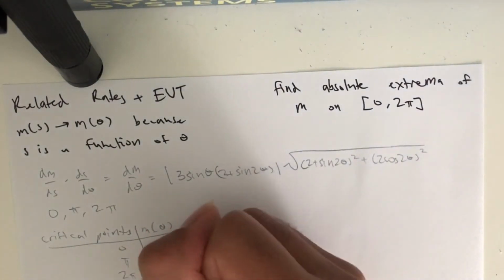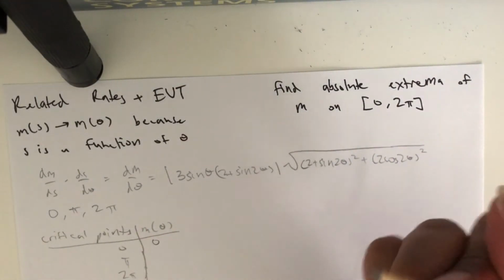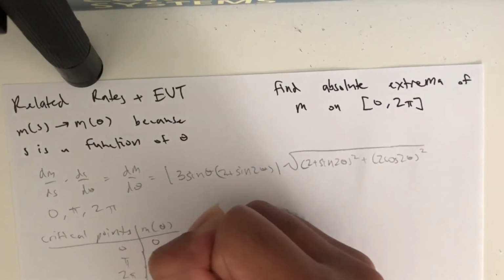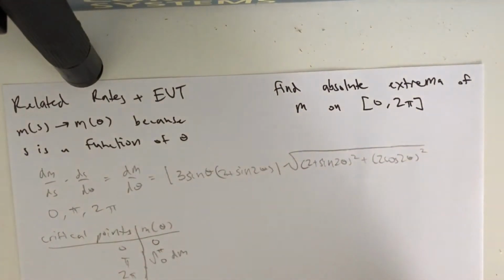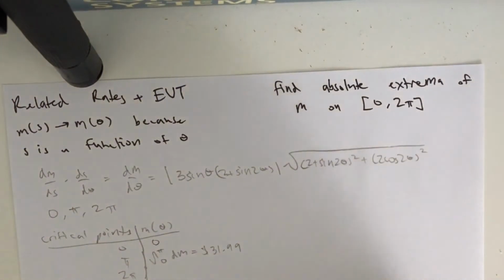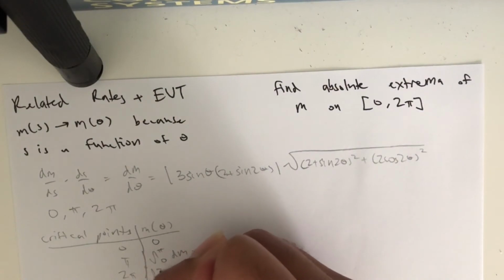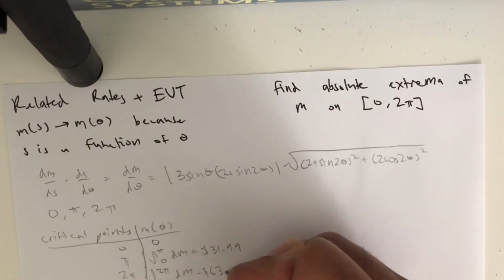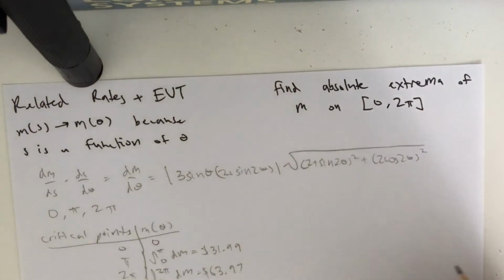M of 0 is 0 because we were given that he starts out with $0. M of pi would be the integral from 0 to pi of dm, and this is equal to $31.99. We already calculated the integral from 0 to 2 pi of dm, which was $63.97.